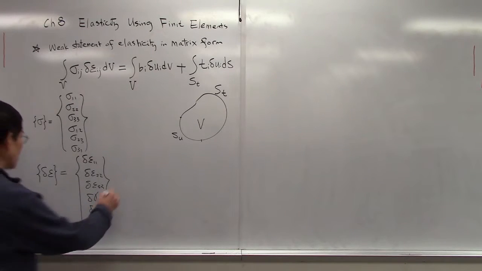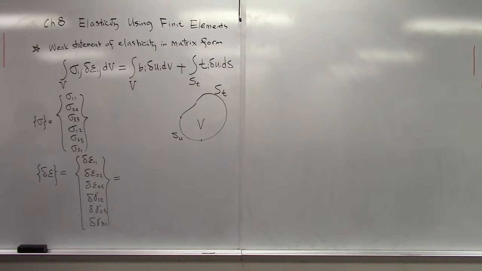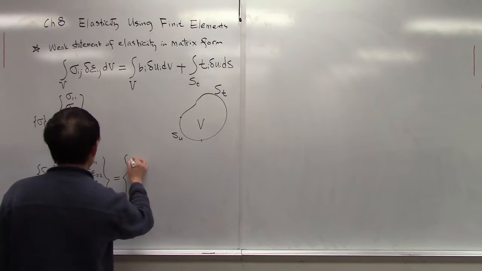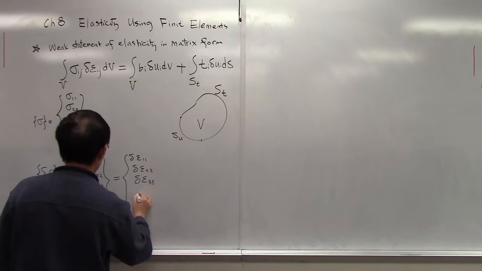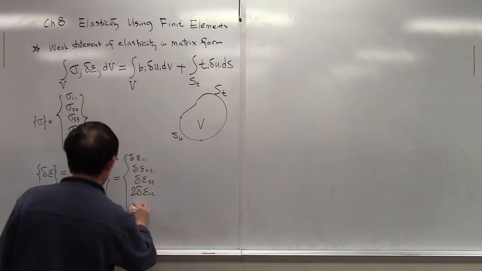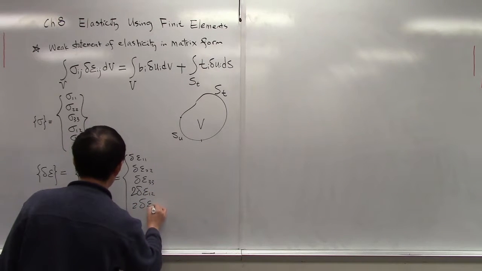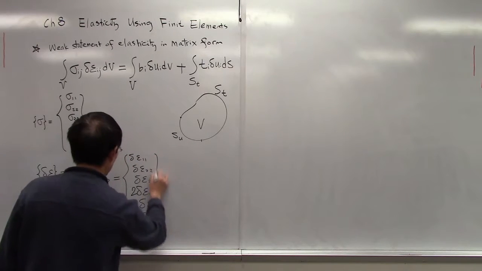And there's a reason, okay? We know the tensor shear strain and the engineering shear strain are related by a factor of 2, right? So this is equal to delta epsilon 1,1, delta epsilon 2,2, delta epsilon 3,3, and 2 delta epsilon 1,2, 2 delta epsilon 2,3, and then 2 delta epsilon 3,1.